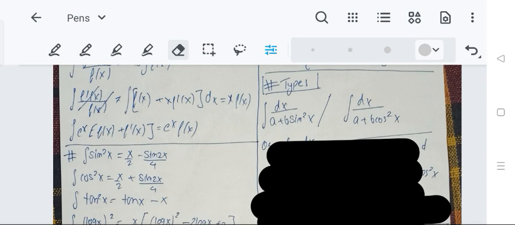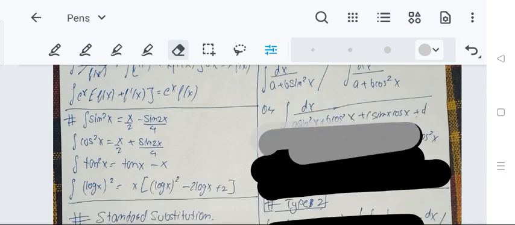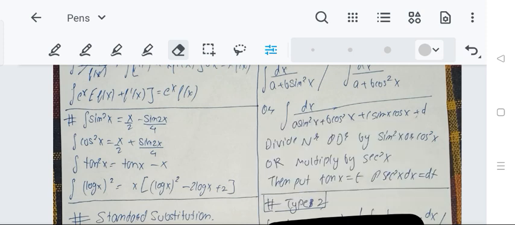Type 1: if we have to integrate dx upon a plus b sine square theta, or dx upon a plus b cos square theta, or dx upon a sine square theta plus b cos square theta plus c times sine theta cos theta plus d, then divide numerator and denominator by sine square theta or cos square theta, or multiply by secant square theta.